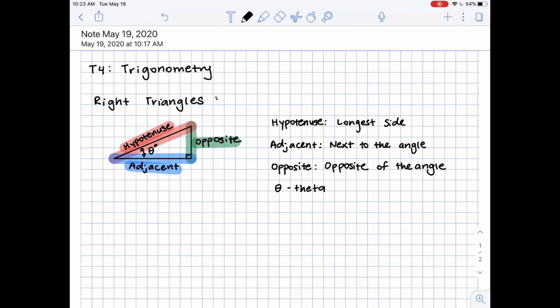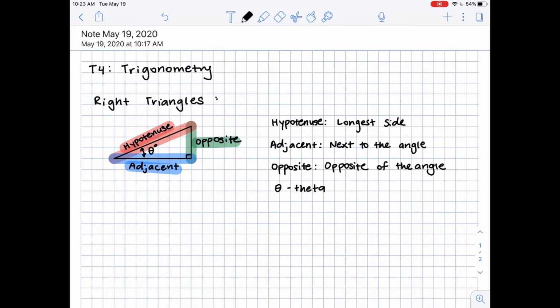We can actually figure out the height of the tree if we're looking at the top of the tree based on that angle. That might have been confusing. I'll actually do an example. But before we get into that example, first thing we need to know: hypotenuse, adjacent, opposite, and our given angle.